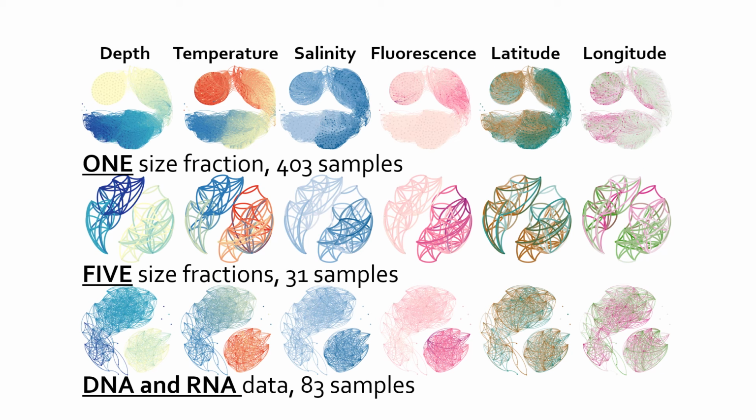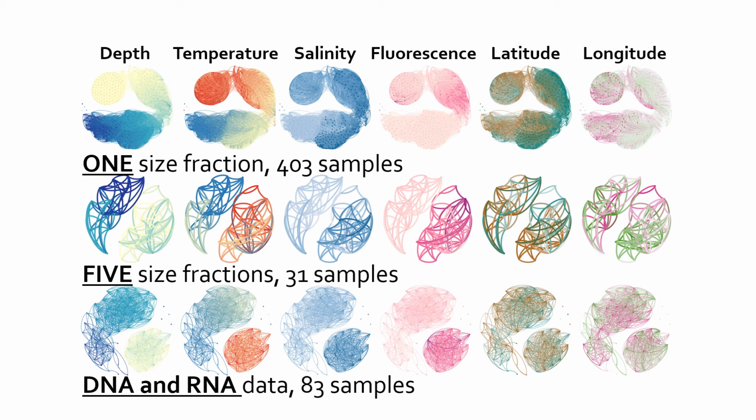We also constructed network of networks for the 5 size fraction dataset and the DNA RNA dataset. There were no surprises. All 3 spatial datasets indicate that network similarity aligns well with environmental similarity, which means if we gather enough subnetworks and the environmental data, we may be able to use them to predict a network based on environmental data and microbial composition.